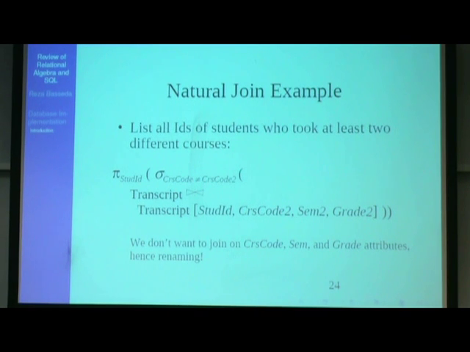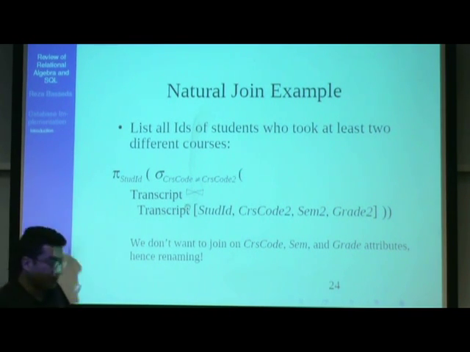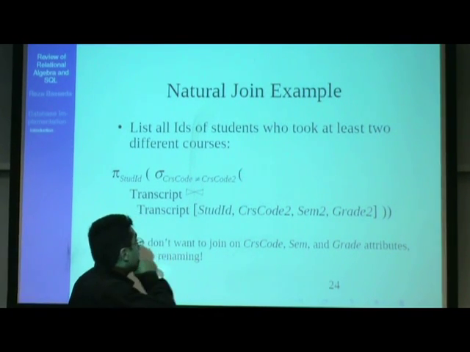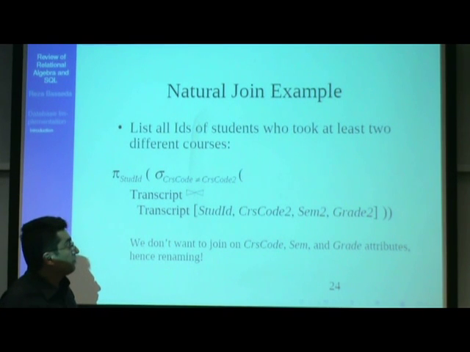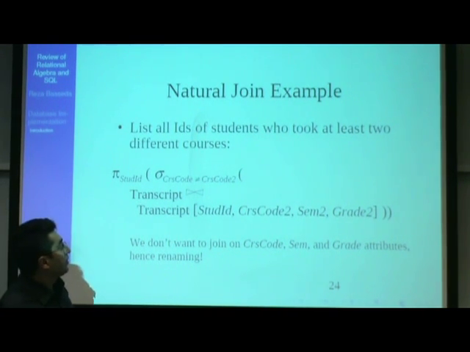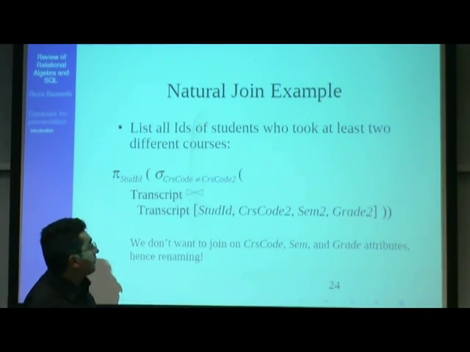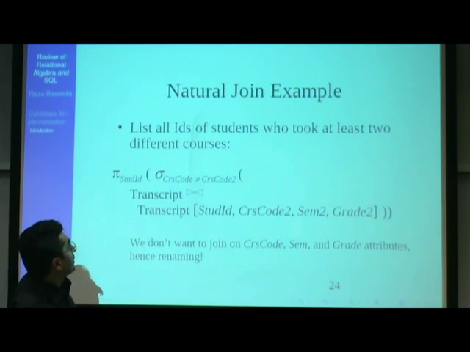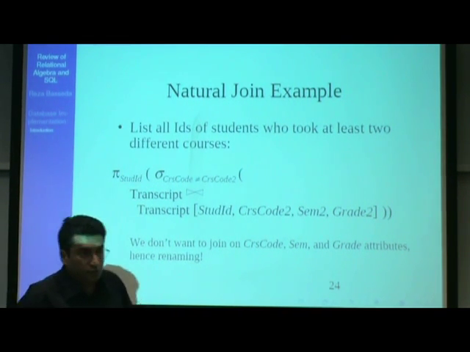Basically, we are renaming the transcript table with the same student. We rename the transcript table and use it as another operator to see which one of the students has taken at least 2 different courses.